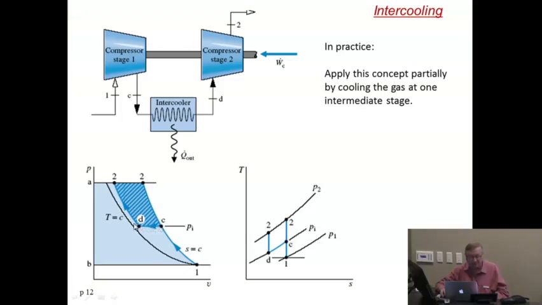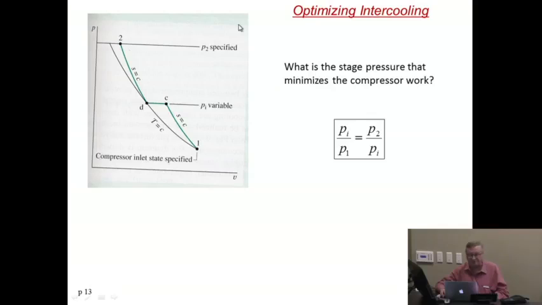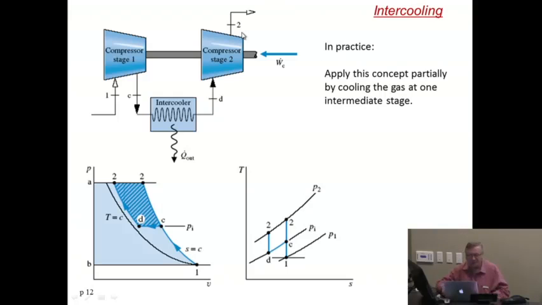And now from D to 2, we do the second stage compression. Well, if I now calculate the work, from 1 to C to D to 2 to A to B is the pale blue curve. It's smaller by an amount that's this dark hashed blue area, the work that it would have taken to do a classic isentropic compression. That work we are going to save in this intermediate stage. Here's the same thing in the TS diagram, and it's the same picture.